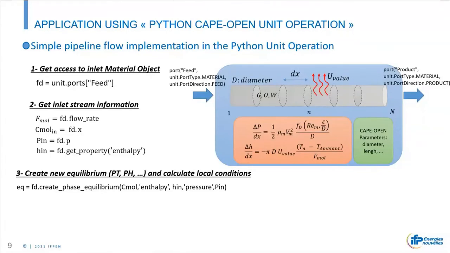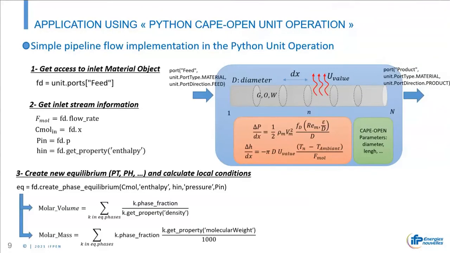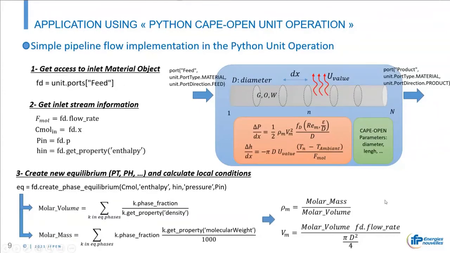So we can create a phase equilibrium by specifying composition and an enthalpy or a pressure, or a temperature and pressure, depending on what kind of flash you want to perform. And as soon as you have the equilibrium, you can iterate on the phases to calculate, for instance, here the molar volume and the mass volume. These two values are further used for calculating the average density and the average viscosity and velocity of the fluid.